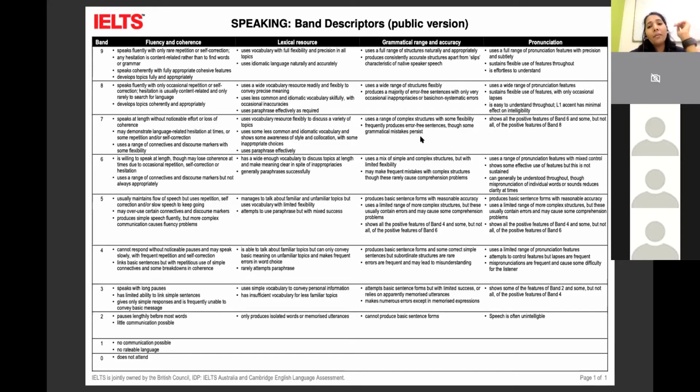And then for grammar range and accuracy, you have to use a range of complex sentence structures. Like we just discussed, your simple and complex sentences, you can also use compound sentences. Even though punctuation doesn't matter while you're speaking, try and begin your sentences with a linking device, with a cohesive device.